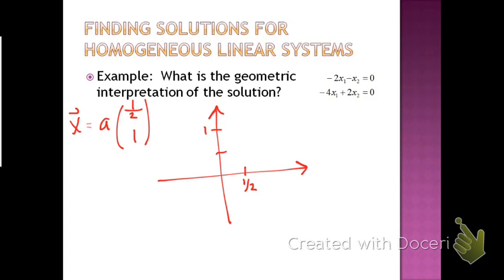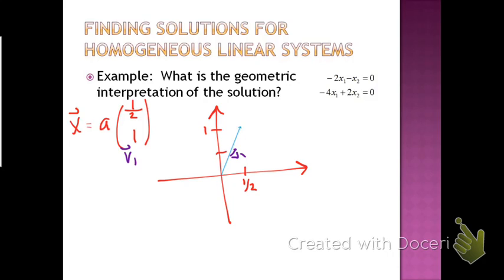Now let's think about what the geometric interpretation of this solution means. So the vector x is equal to a times (1/2, 1). Let's call the vector (1/2, 1) the vector v1. Now looking at the blue line, we see that this is the geometric interpretation of v1.